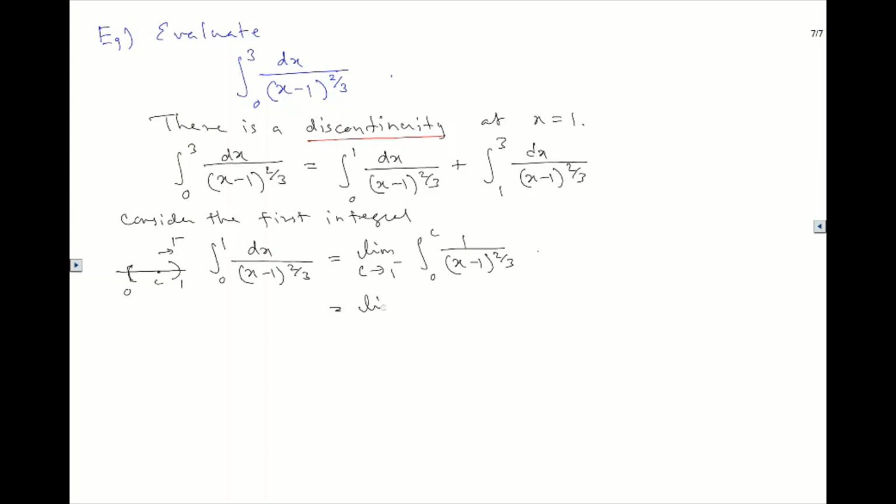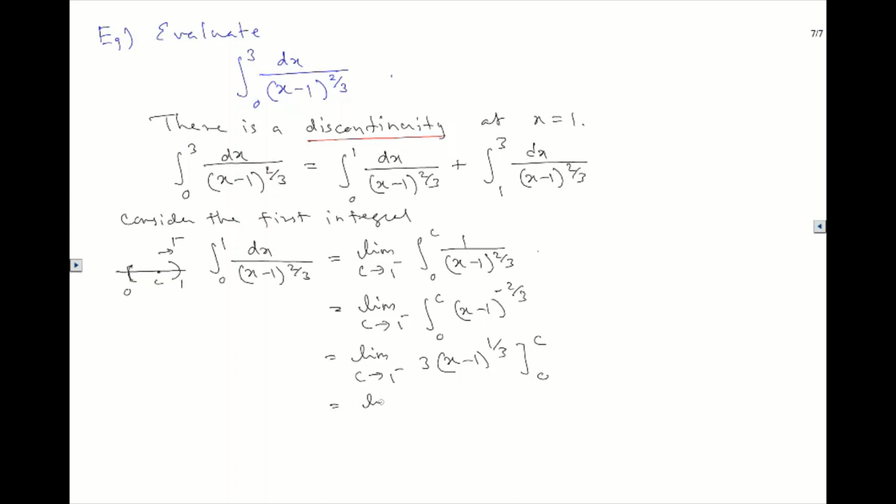So you can write this one as the limit as c goes to 1 minus of the integral from 0 to c of (x minus 1)^(-2/3). This is very easy to integrate. You add 1, it becomes 1/3, and dividing by 1/3 means multiply by 3. So you're going to get the limit as c goes to 1 minus of 3(x minus 1)^(1/3), evaluated at c and 0. So let's plug in the two numbers.